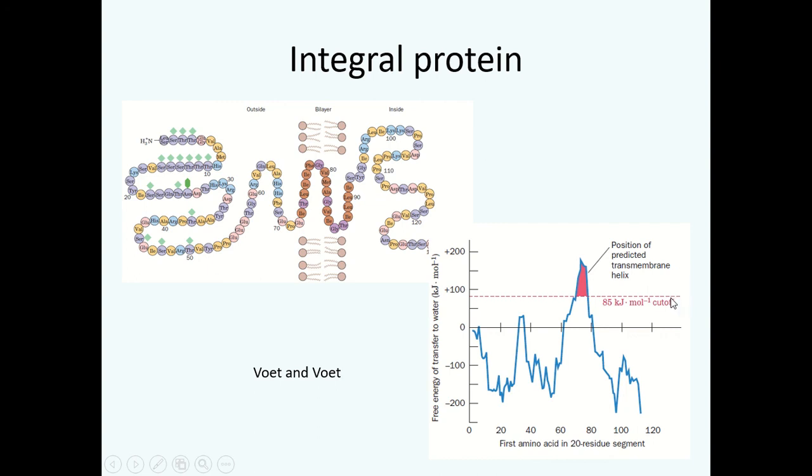If a protein contains only one transmembrane region, it will show one peak above the threshold. But if a protein contains many hydrophobic regions embedded in the membrane, then that protein will show several peaks above this cutoff. So by counting the number of peaks above this threshold, we can find the number of transmembrane helices present in a given protein.